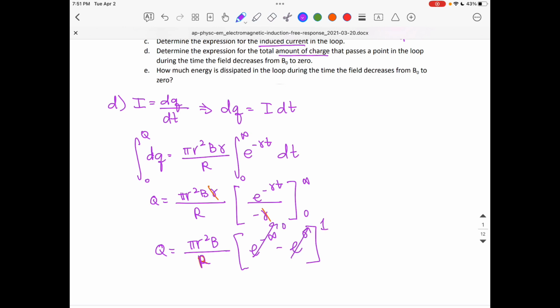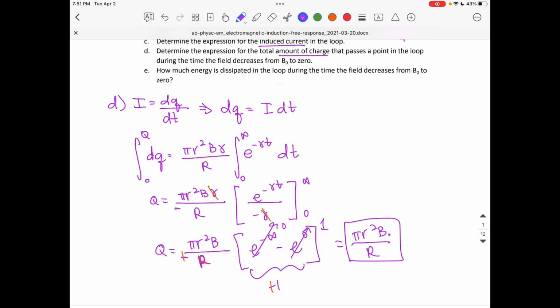This goes to 1. And I forgot this negative. I'm going to pull that out because what I notice is that this negative 1 is going to turn that into a positive equation. So I've got pi r squared B over R. And I think I forgot to put the naught. So that's B naught. All right, that's D.